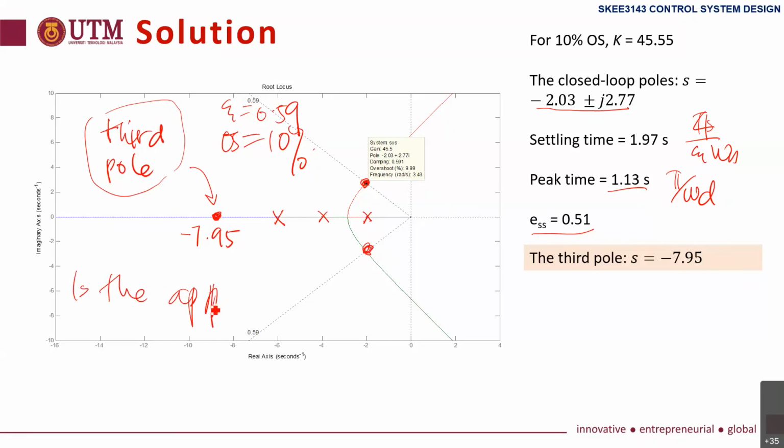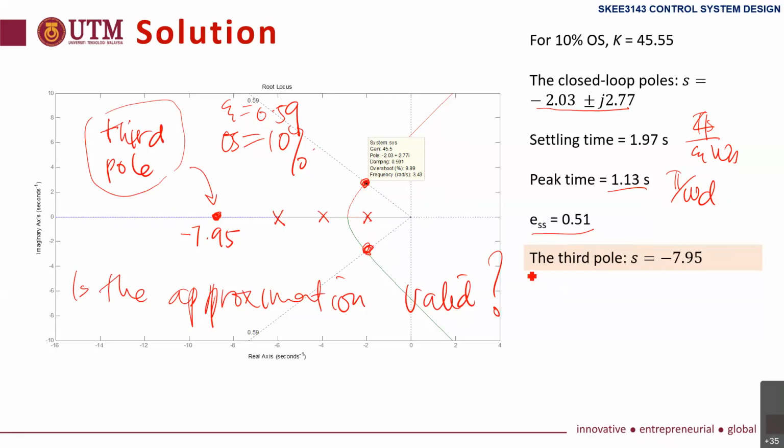Is the second order approximation valid?